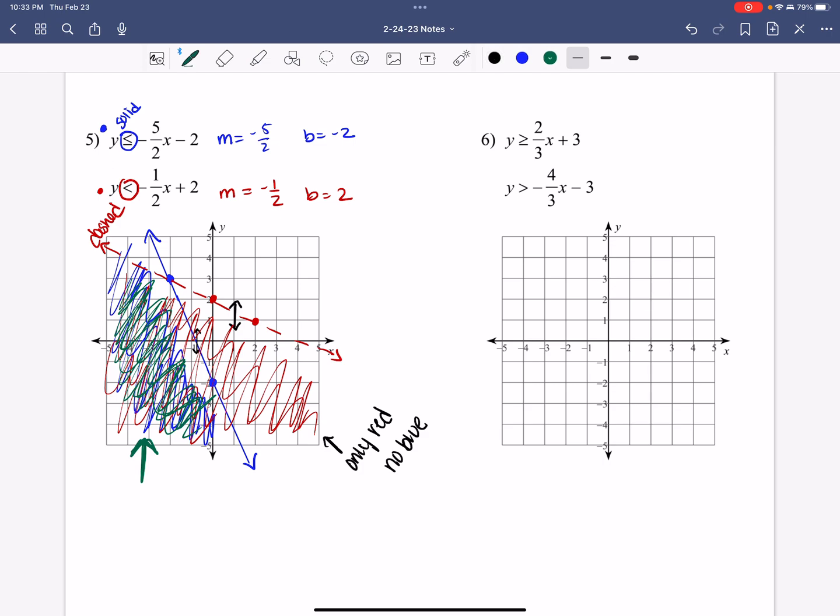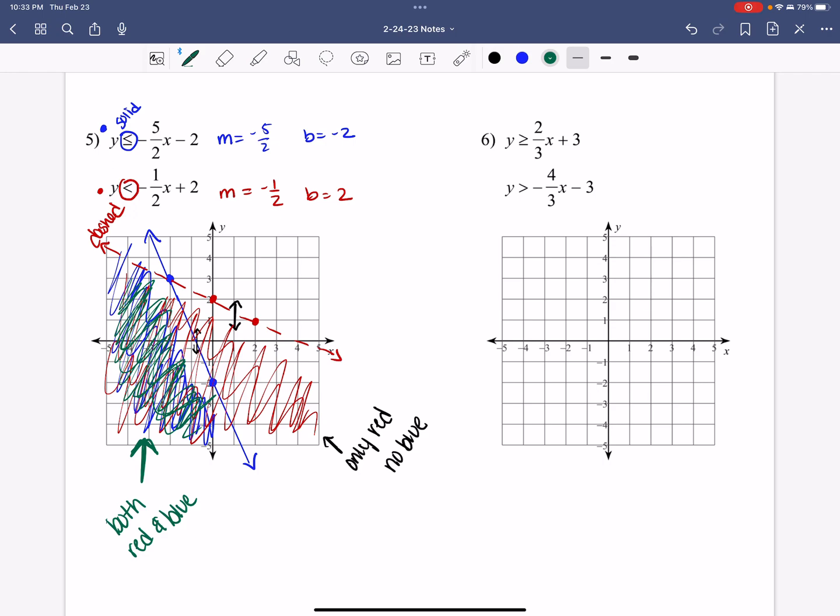This one is both red and blue. So where the two colors connect is where your solution set is going to be. That's what you're going to be looking for. I'll make sure that I make a video for Eduphoria to show you how it should look.